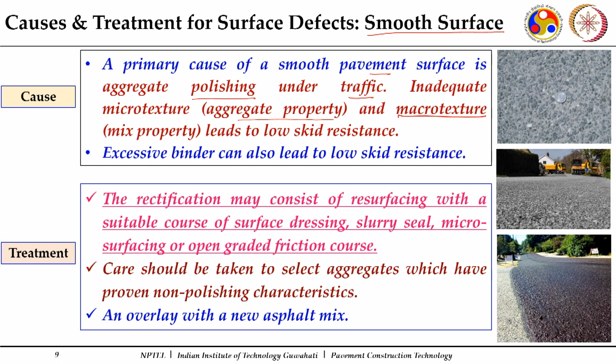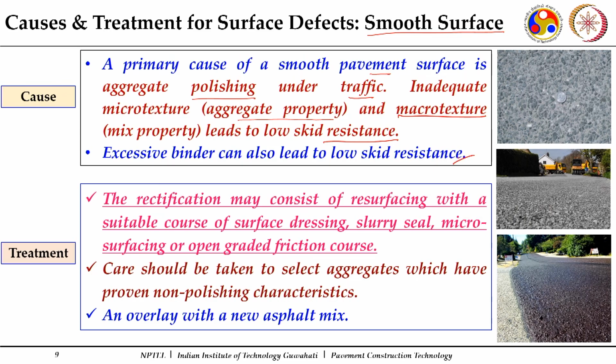The gradation of the mix is the one which affects your macro texture. So, if you have inadequate micro texture as well as macro texture, that will lead to a reduced skid resistance. Your micro texture can get reduced along with your macro texture in due course of time. So, in that case you will have a lower skid resistance.